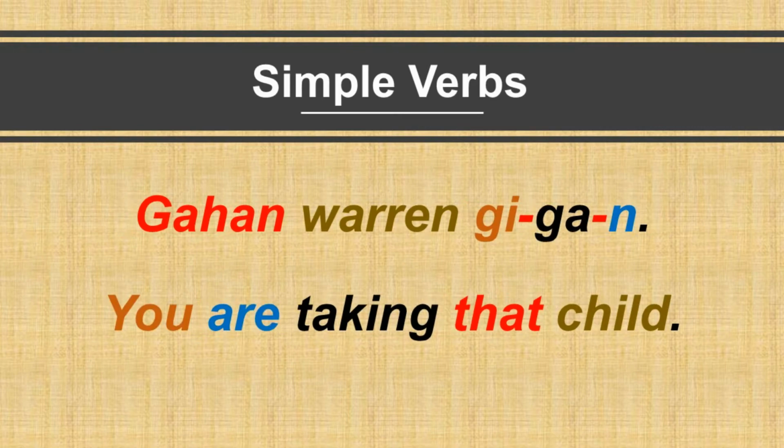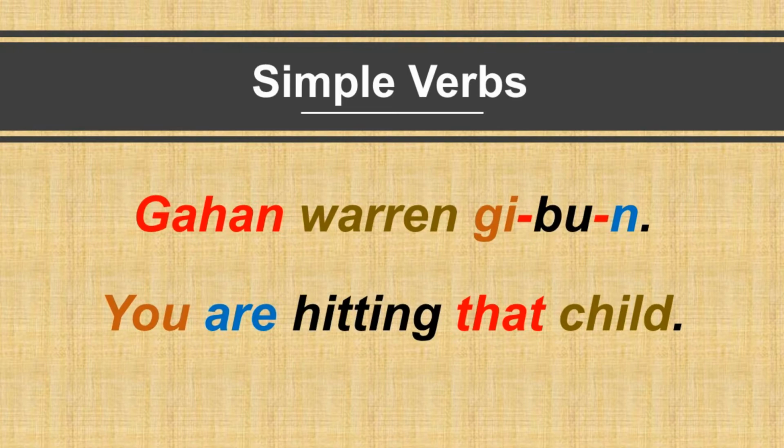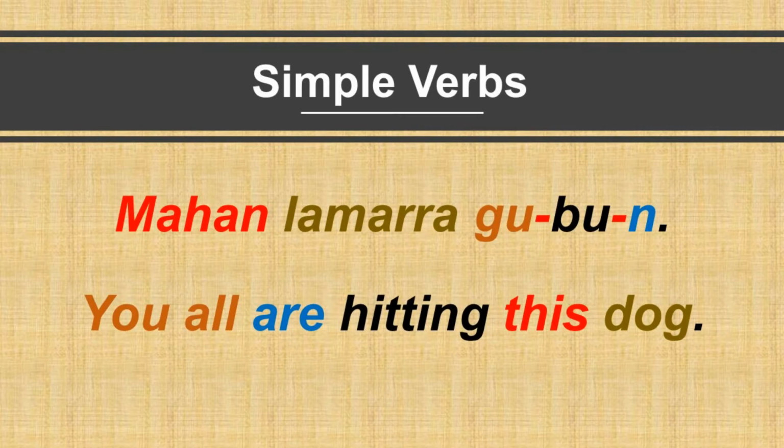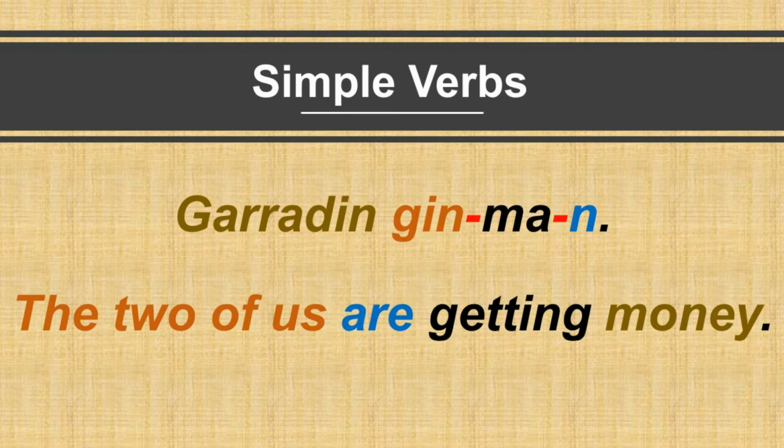You are taking that child is 𝗟𝗏 𝗟𝗏. You are hitting that child is 𝗟𝗏 𝗟𝗏. You all are hitting this dog, 𝗪𝗴𝗶𝗺 𝗂𝗏. And the two of us are getting money, 𝗟𝗏 𝗟𝗏.